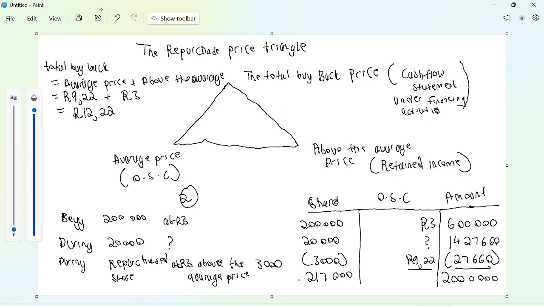So for my repurchase of shares under financing activities, I'm going to say this price multiplied by 3,000.